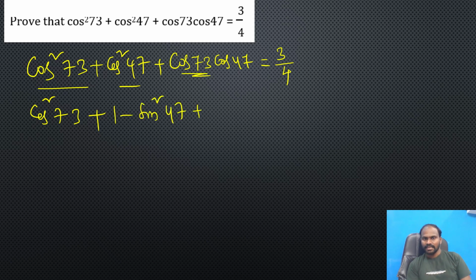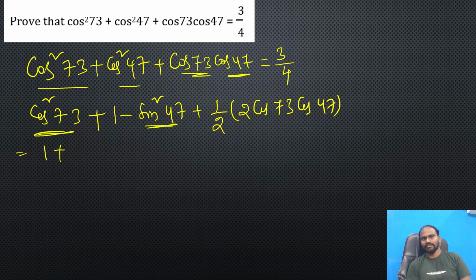And it's like cos A cos B. So I have the formula for 2 cos A cos B, so I will multiply and divide with 2. Okay, so it's 1 plus cos square A minus sin square B. What is the formula? Cos of (A plus B) into cos of (A minus B).